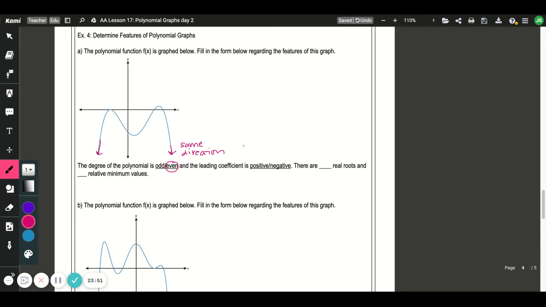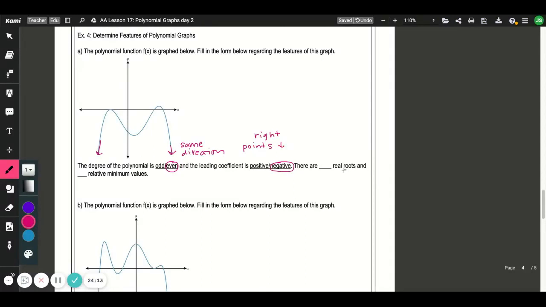Because they point down, right? The right-hand side points down. That tells you that the leading coefficient is negative. It all looks at the right-hand side. If it points down, the leading coefficient's negative. If it points up, the leading coefficient's positive.